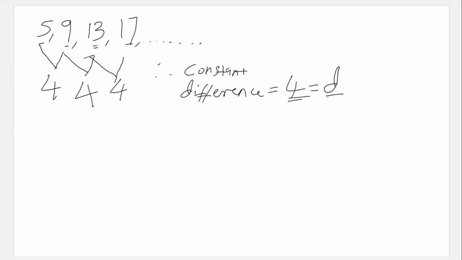Okay, maybe finding the constant difference is not that complicated in a linear number pattern, because you just have to subtract the terms in order to find the constant difference. But sometimes the sequence can be increasing or decreasing.